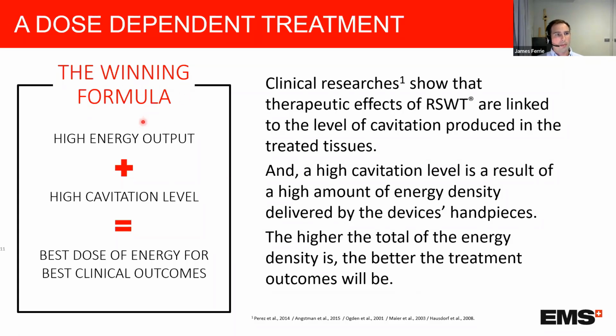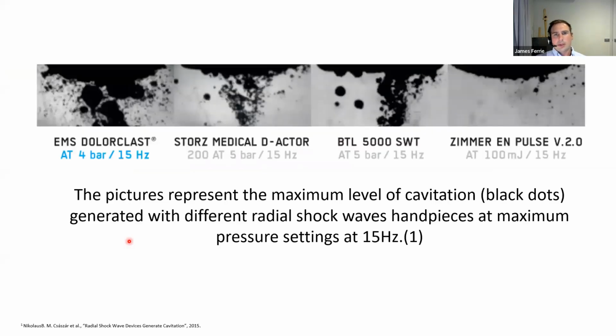So the winning combination when it comes to shockwave is having a high energy, and what's consistent across a lot of the literature is that a high energy output equals high cavitation, and this really does give us the best clinical results. And this is a comparison. This is one of EMS's benchmark studies where we're looking at a few different devices, okay?